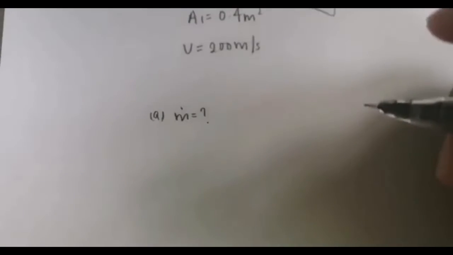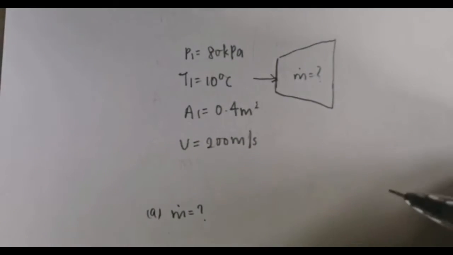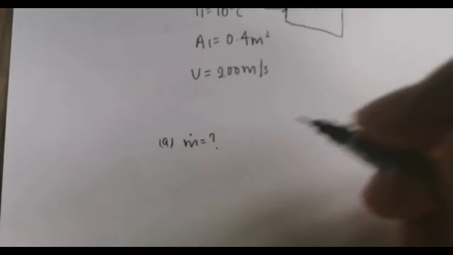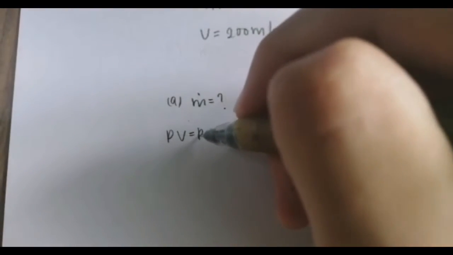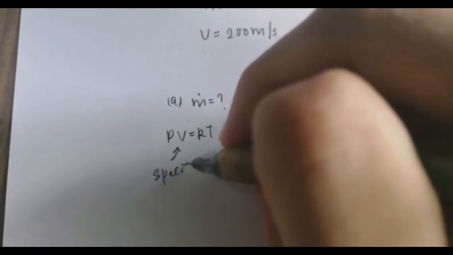Before we get the mass flow rate, we have to find the value of specific volume. Based on the information provided, we can assume that it is an ideal gas. Therefore, we're using the ideal gas law, PV equal to RT, and the v here is specific volume.